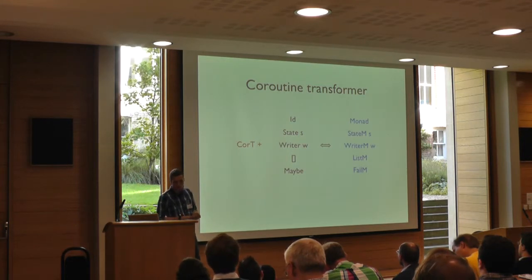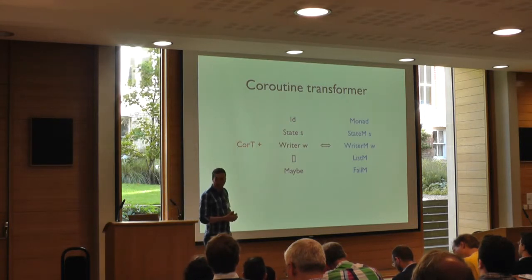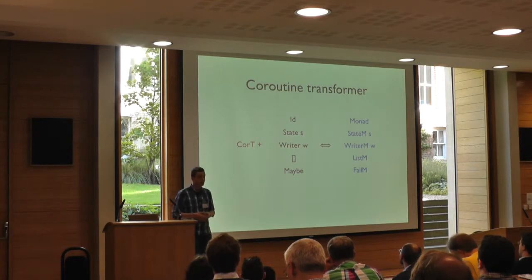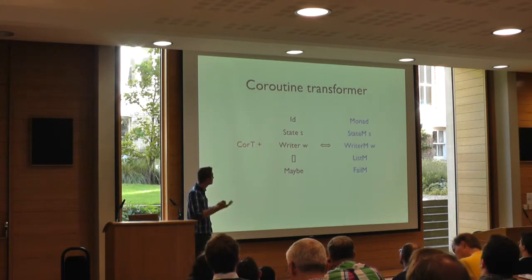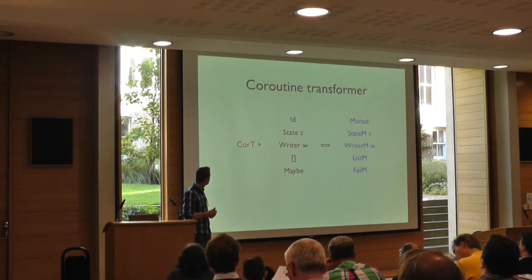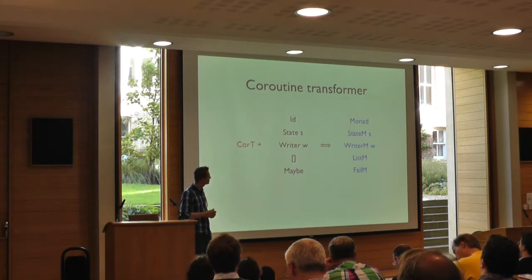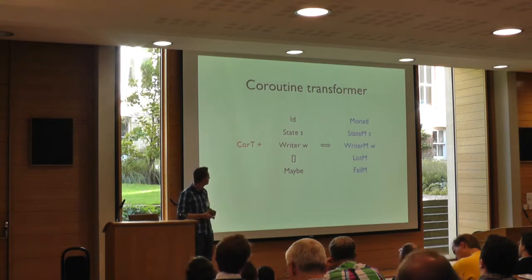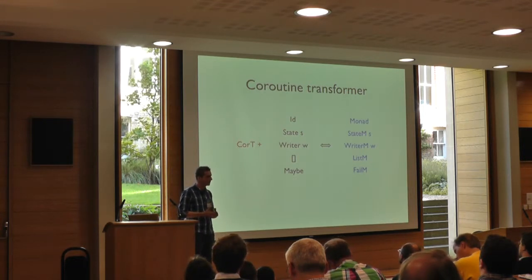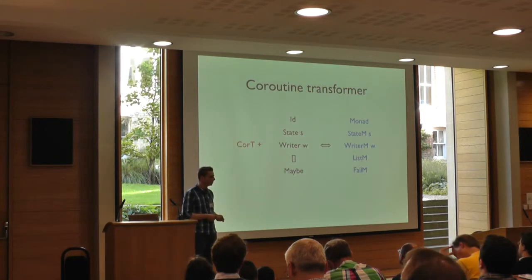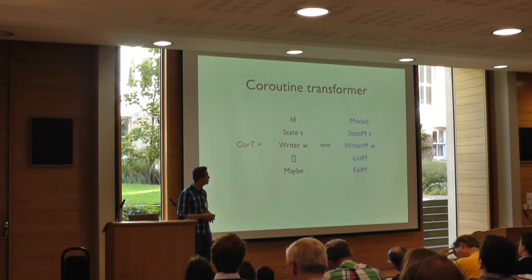So the nice thing is with this transformer we can explain a range of strategy trees for a range of effects. When we combine coroutine with the identity, you can see that it was just the tree definition we had earlier. But if we combine it with the state monad, State S, we get something that is isomorphic to the ad hoc definition I've just shown you.